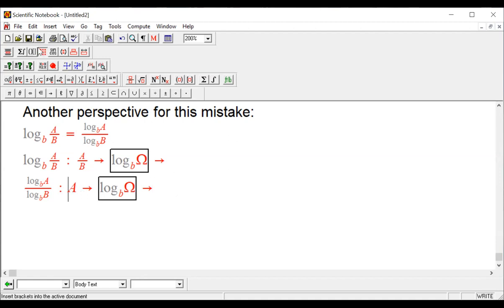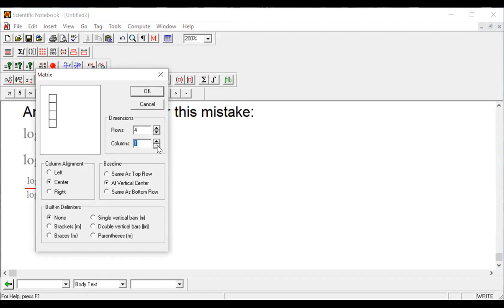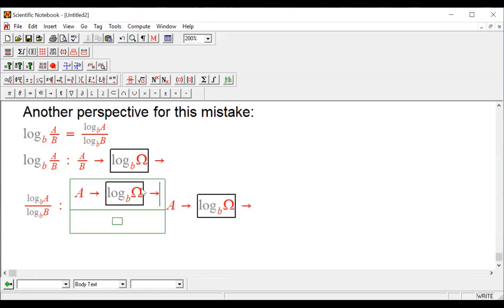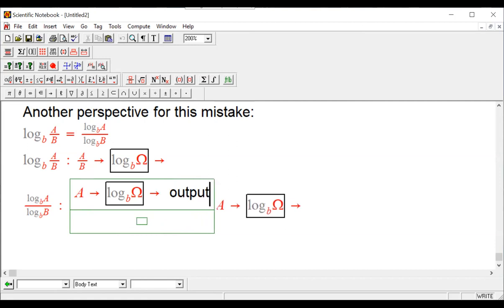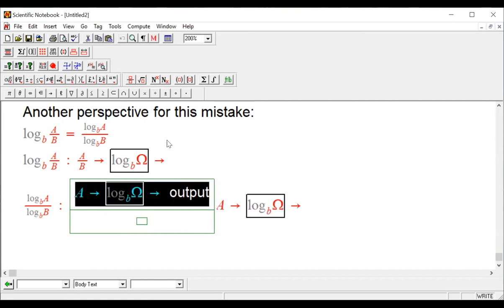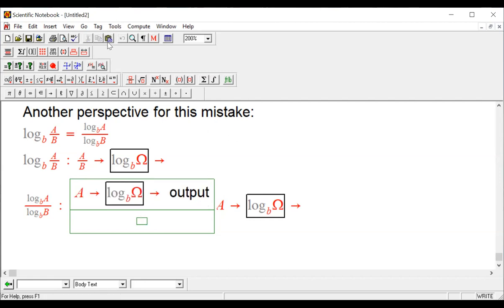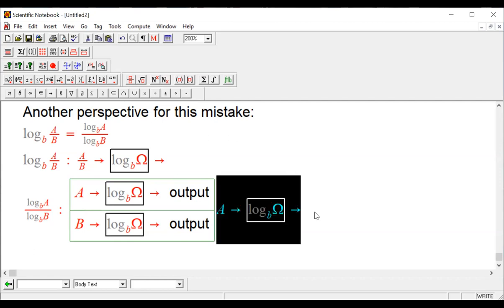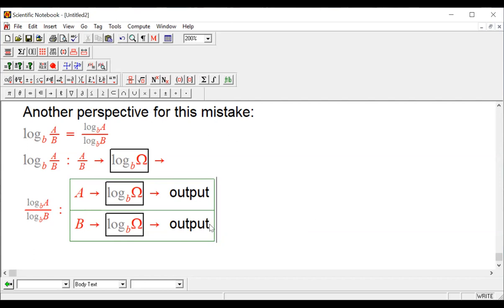Let me do it this way. A is given to the input, and it produces an output. For B, it produces another output. Say this is output 2 and this is output 1.